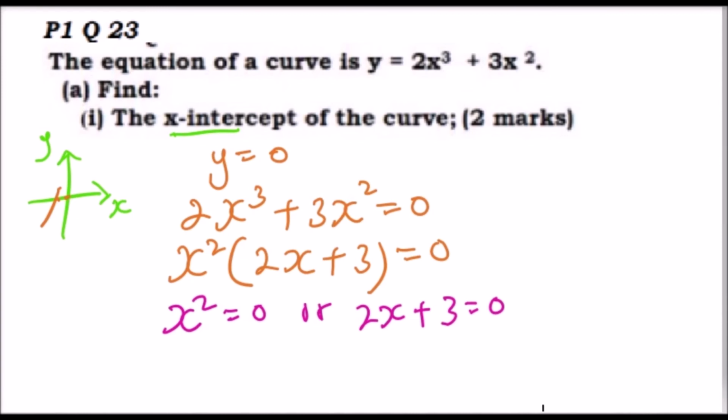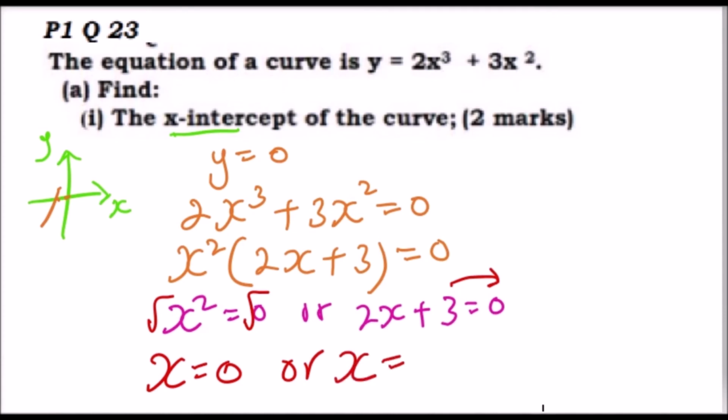Therefore x squared equals 0, take the square root of both sides, so x equals 0, or we take 3 to the other side, it becomes minus, and we divide by 2, so x equals minus 3 over 2. So that is where the graph cuts the x-axis, and by doing that you get yourself 2 marks.